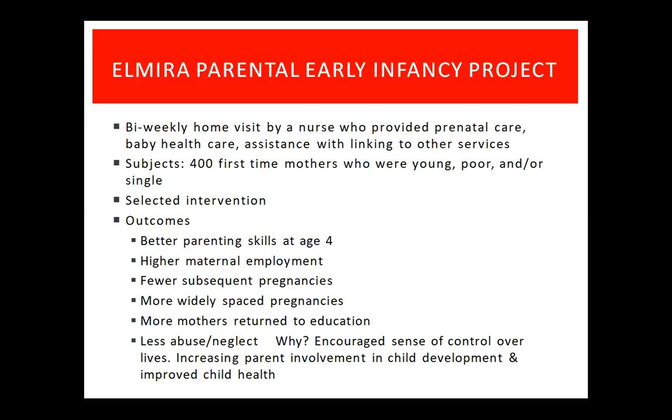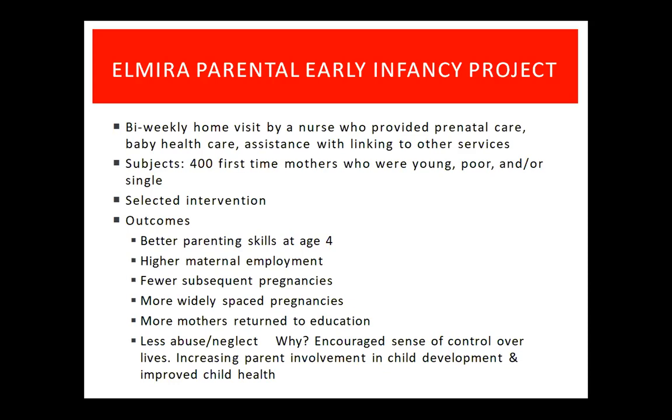And what they found was that at the age of 4 for the child, the mother had better parenting skills. She was more likely to be in work and have fewer subsequent pregnancies, so smaller families and planned pregnancies. They were more widely spaced.